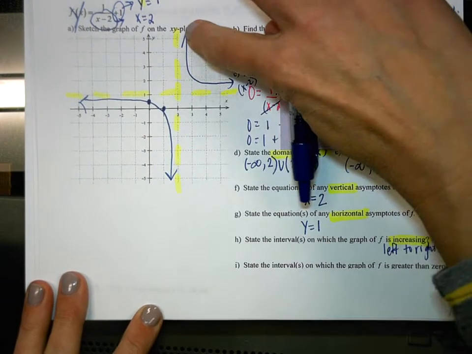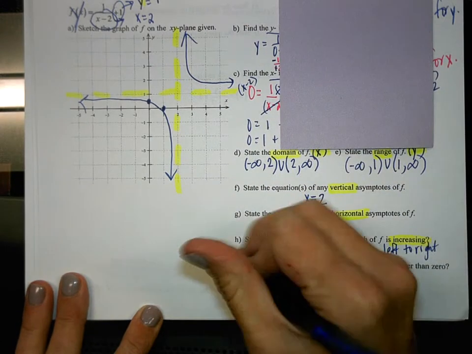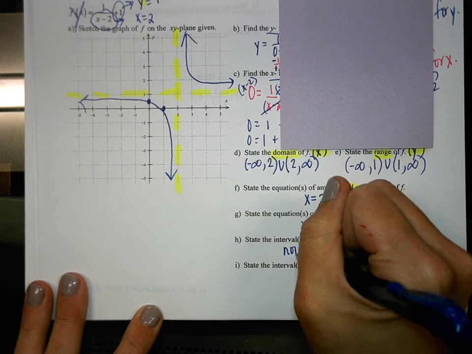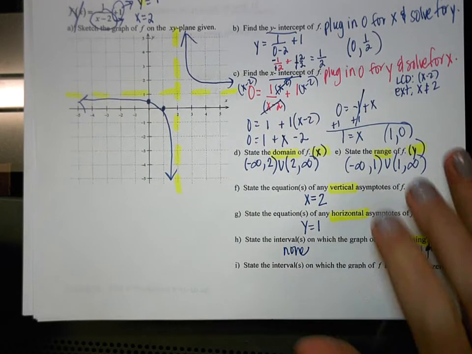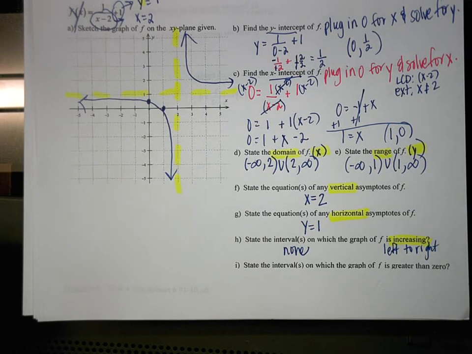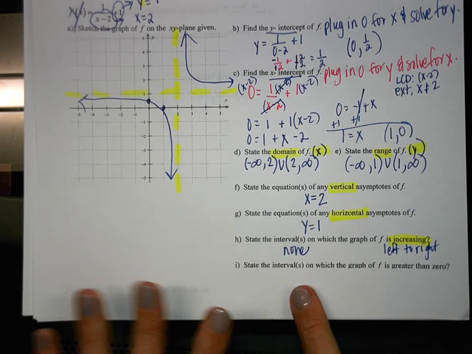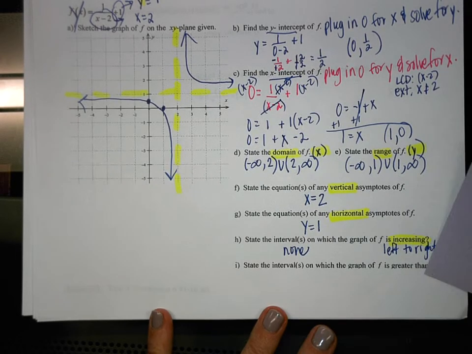What's happening here? Decreasing. So what's the intervals? None. There is no increasing. Everything is decreasing. And just so you know, with these graphs, they're either both going to be increasing or both decreasing.